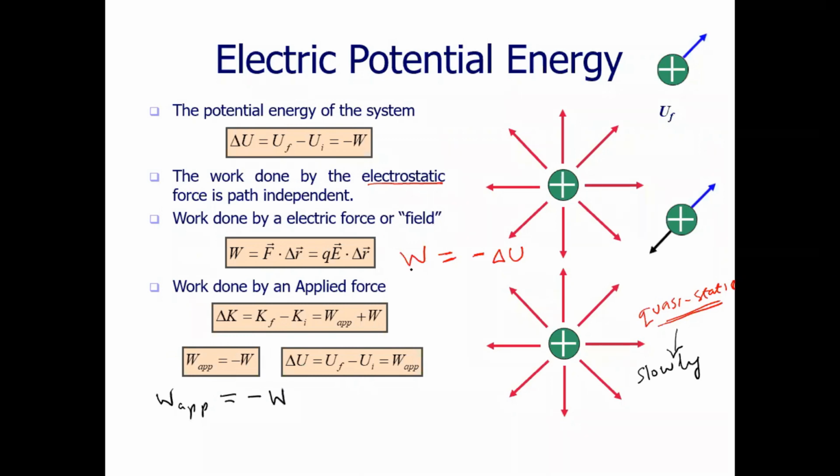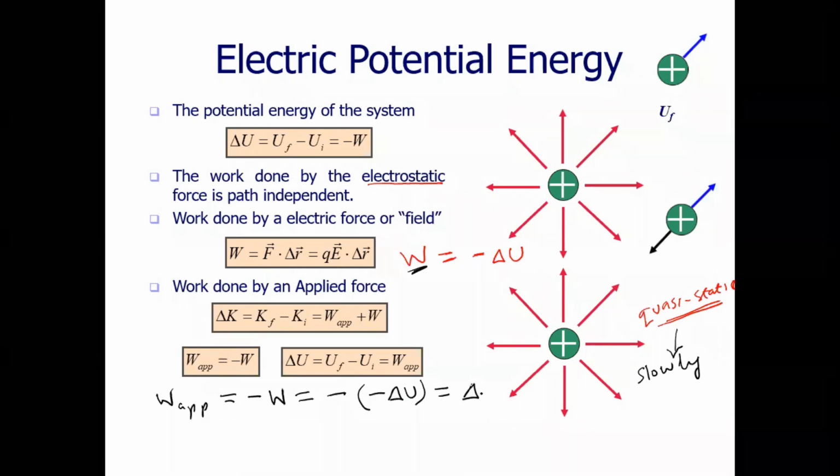The work is given by minus the change in potential energy, so this must be equal to the change in potential energy. So the work done by the applied force, the force applied by the external agent, is just equal to the change in potential energy of this charge.